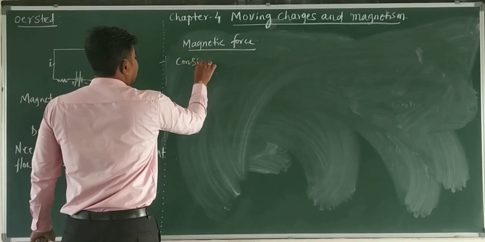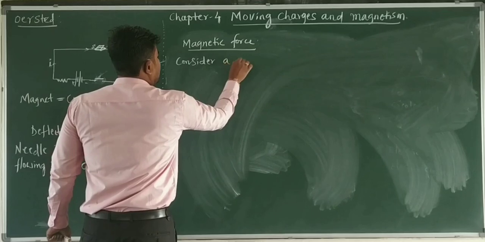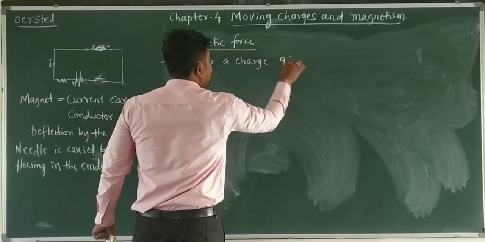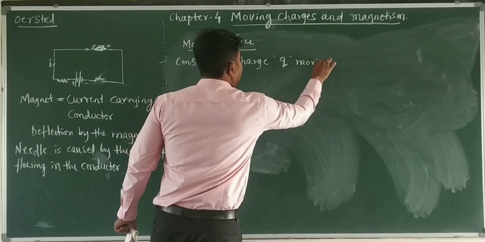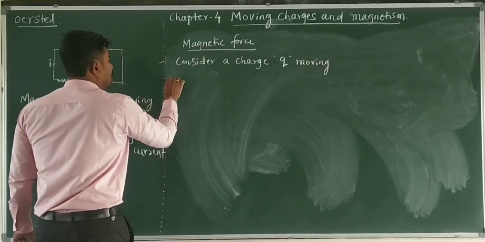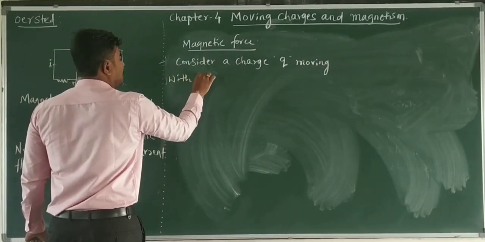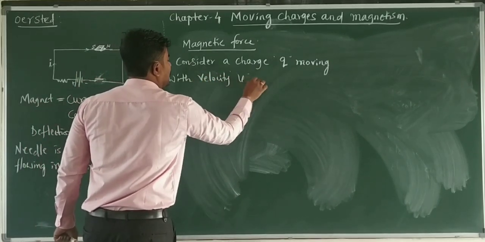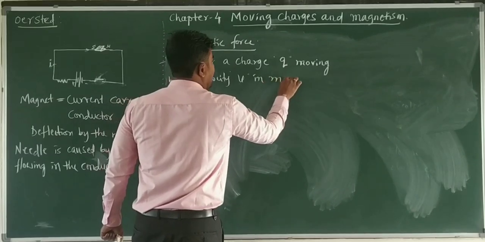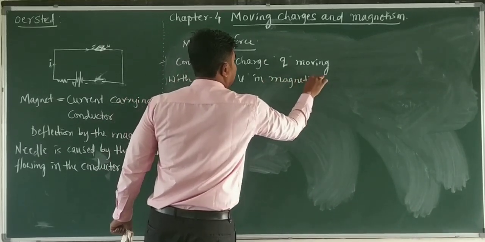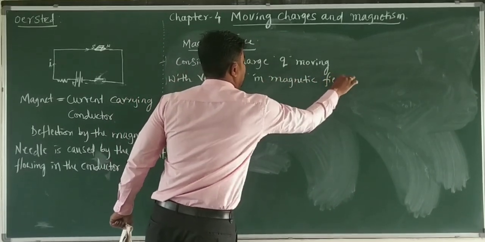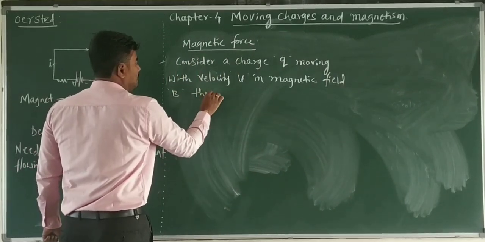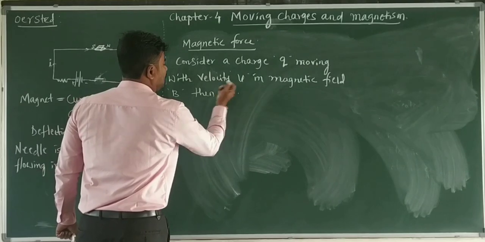Consider a charge Q moving with velocity V in magnetic field B. Then the force, which force?